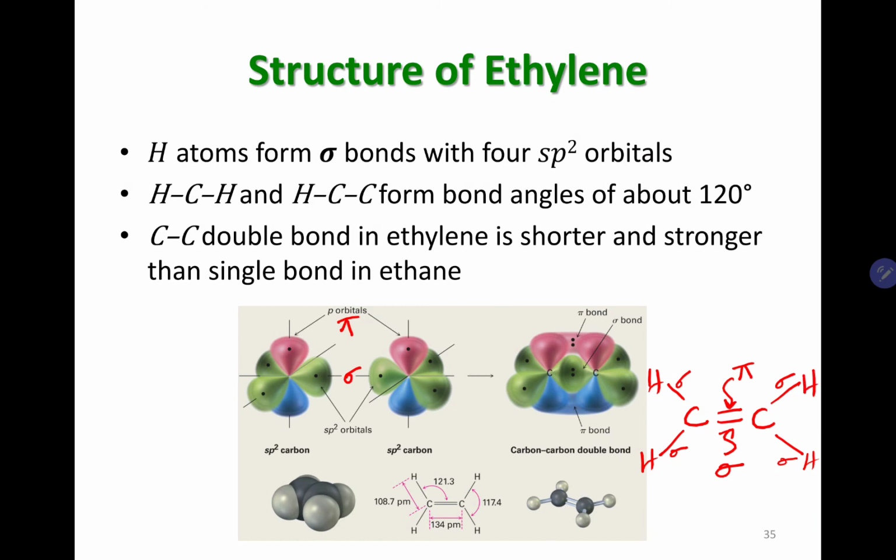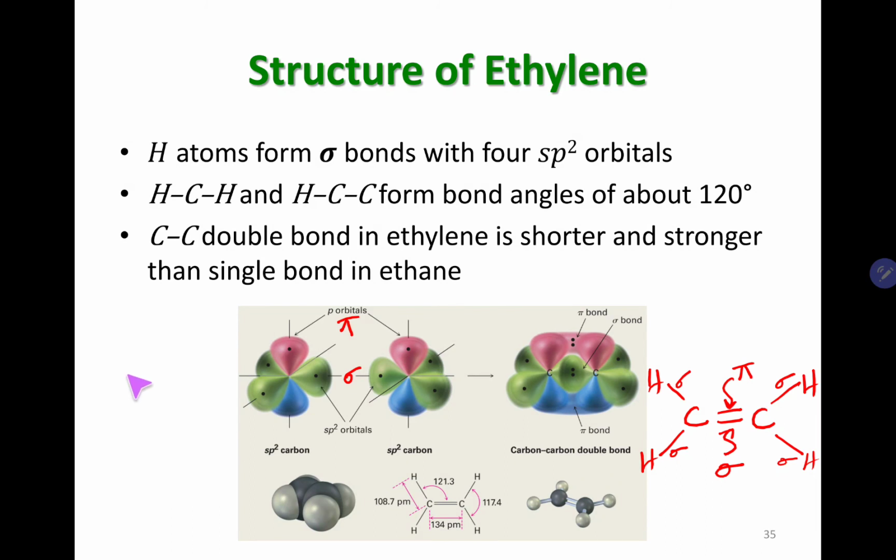So here is the take home message. You can read these slides and then try to draw these structures again and look at the bond lengths and everything, but this is the most important summary of this hybridization.